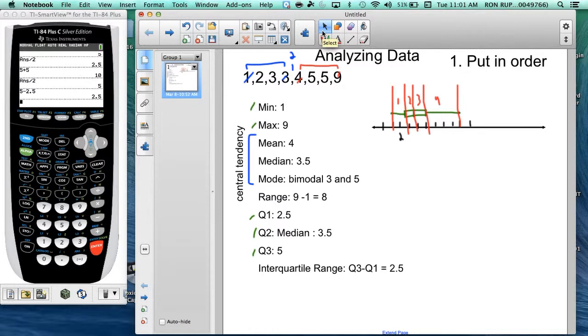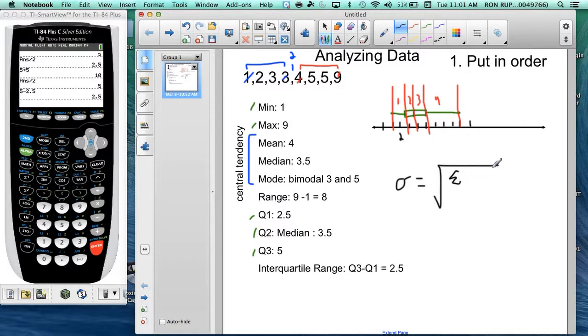All right, moving on, I want to talk a little bit about standard deviation and outliers. And then I'm going to show you how to do it all in a calculator. So a standard deviation is going to be represented by a sigma. And the formula looks kind of nasty.